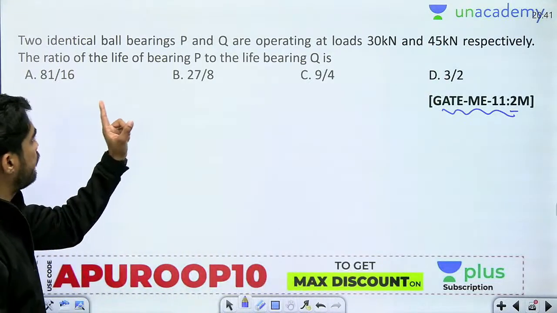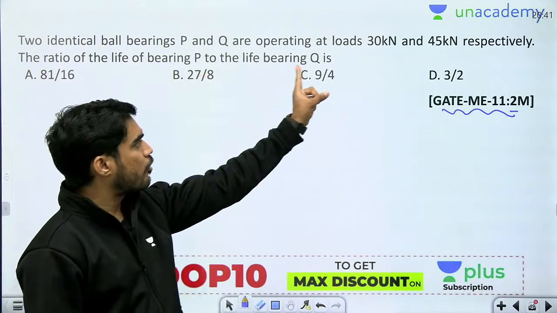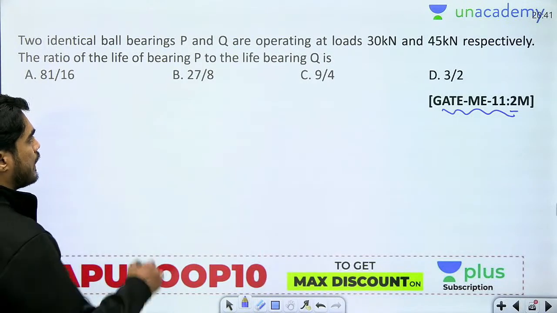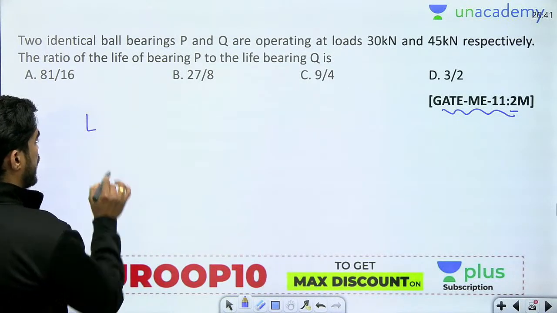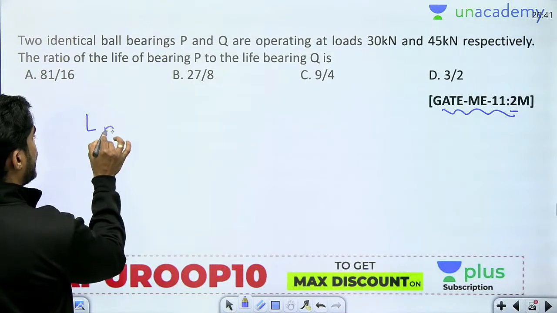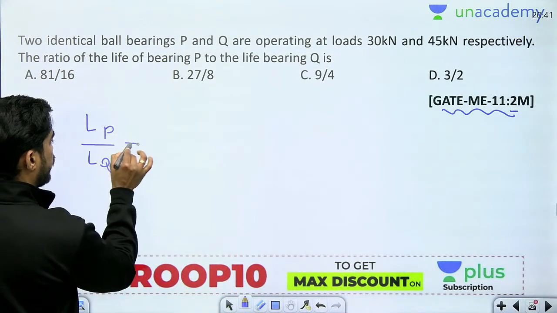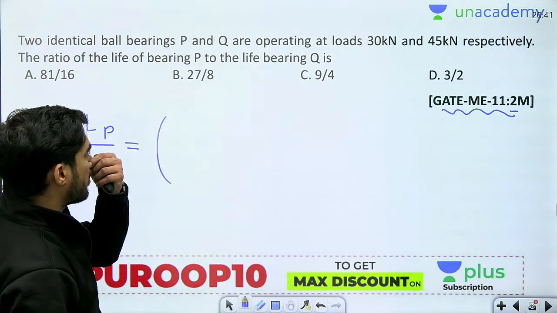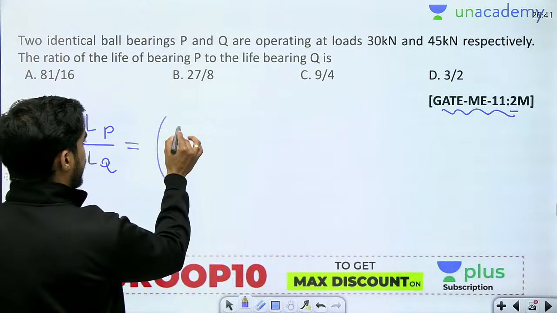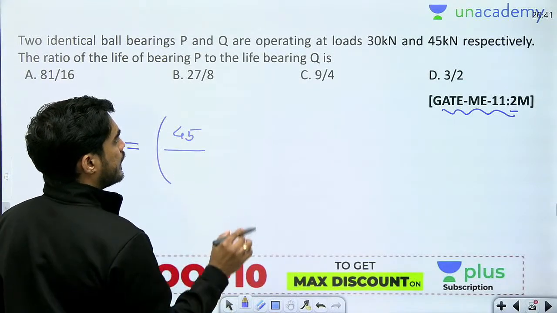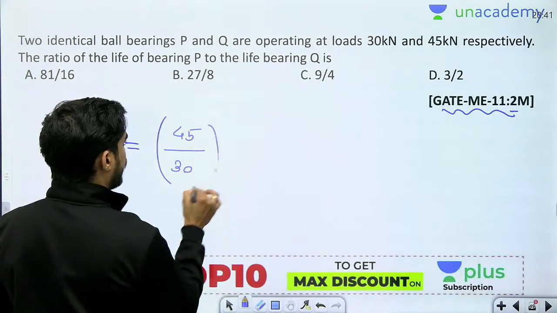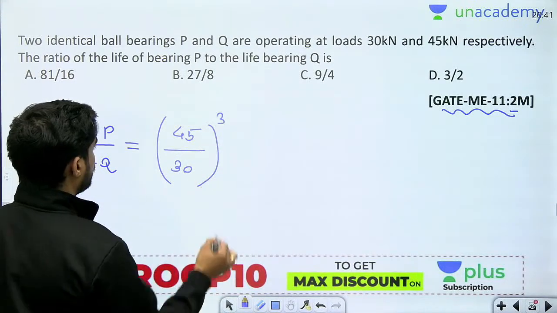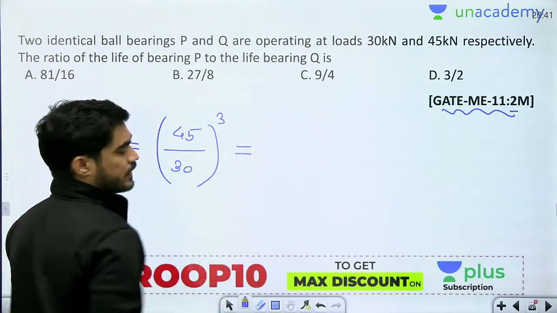The ratio of life of bearing P to life of bearing Q is. So we have to find the life of bearing P and Q, so it will be life of P divided by life of Q equals load of Q divided by load of P. Load of Q is 45 divided by load of P is 30, whole to the power, for ball bearing it is 3. So what will be this relation?